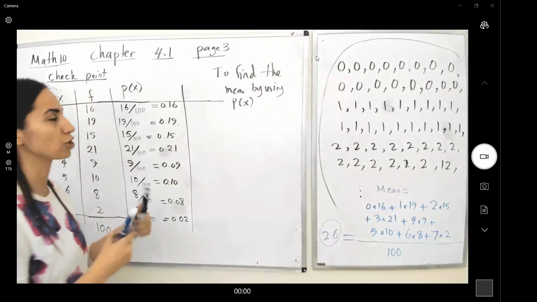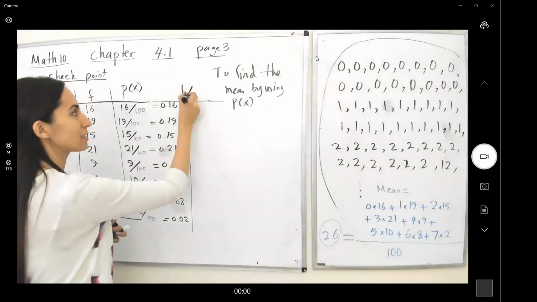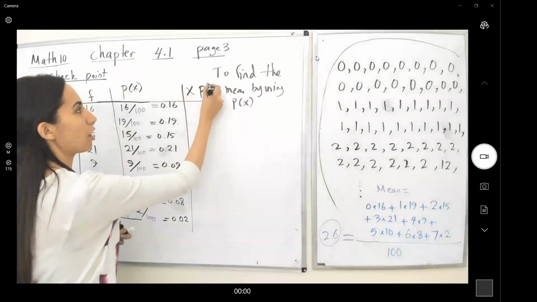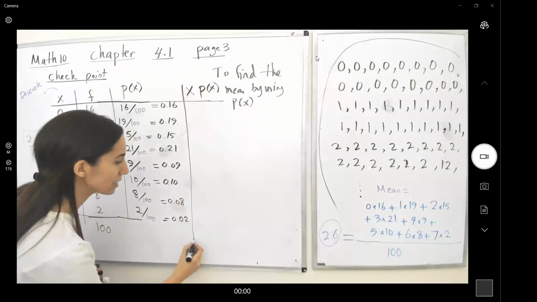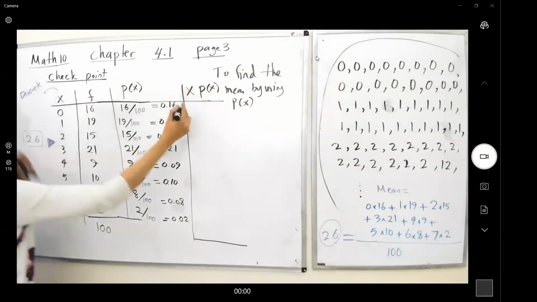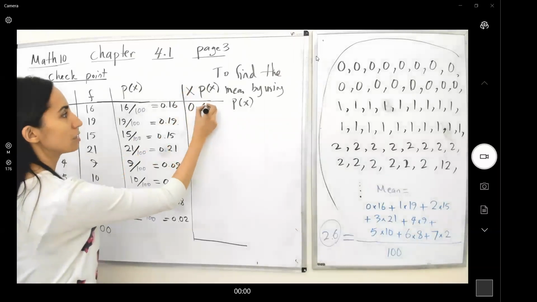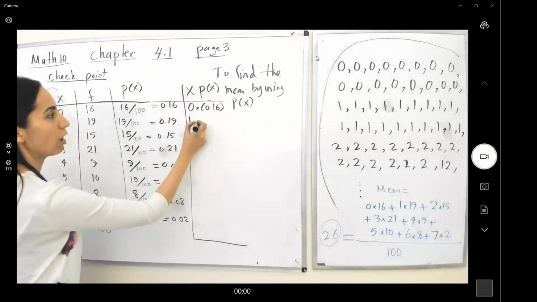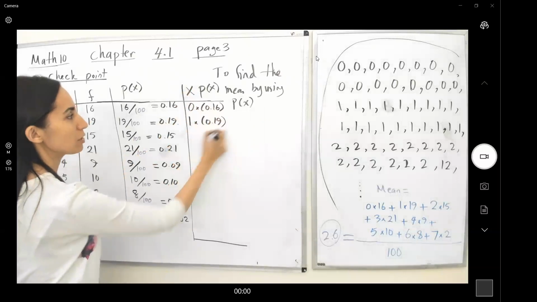So you multiply x by p of x and add all of them together. x is 0, 0 times 16%. 1 times 19%.